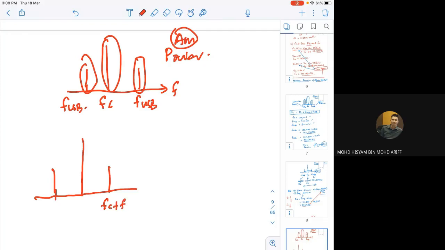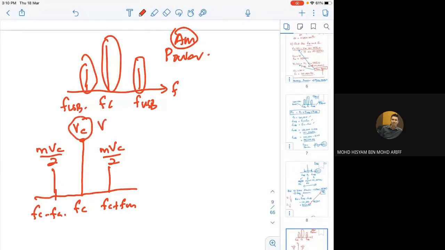Here FC plus FM, here FC minus FM. This one can be represented in terms of VC: here is MVC over 2, here MVC over 2. So what is this, sir? This one represents the analysis in terms of voltage.